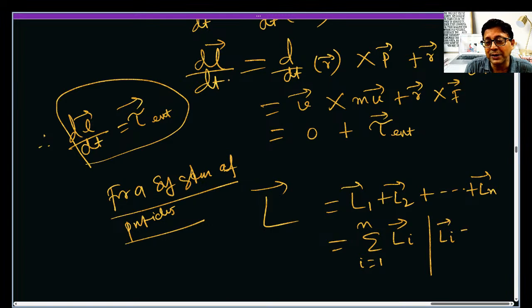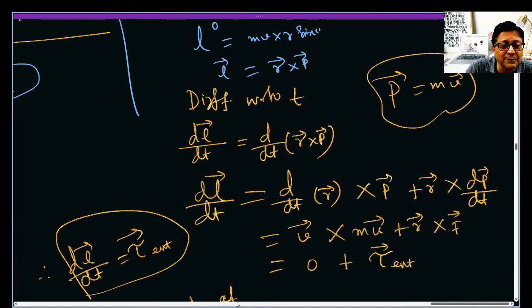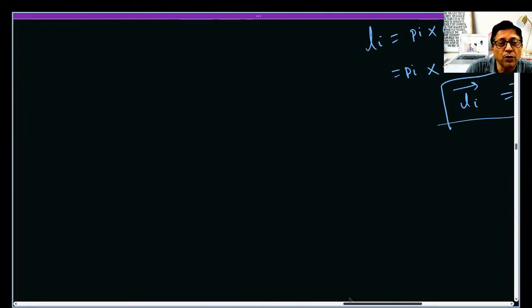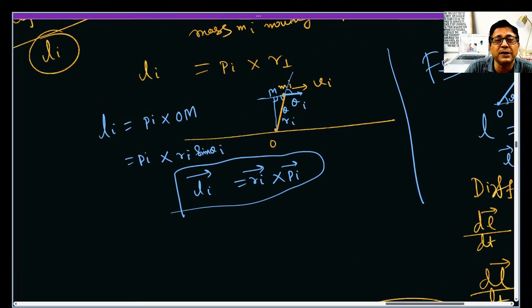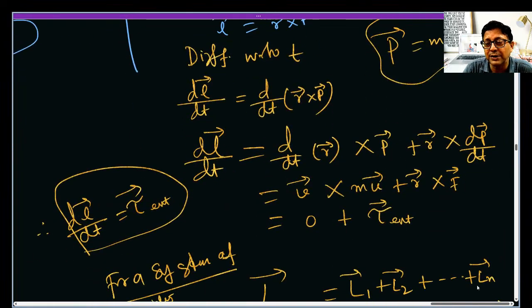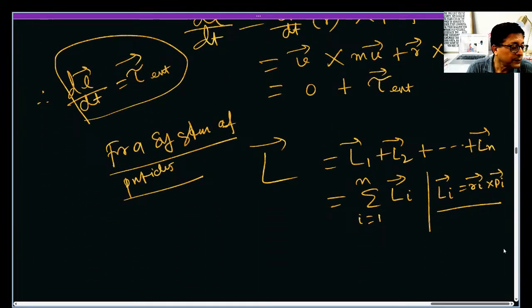Angular momentum. This we have written before: Li equal to Ri cross pi, for a single particle, which I started first for an arbitrary particle. Same expression I am using here. So Li is Ri cross pi.